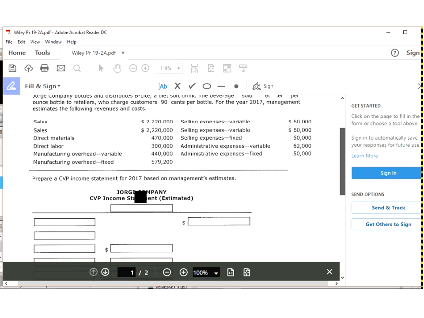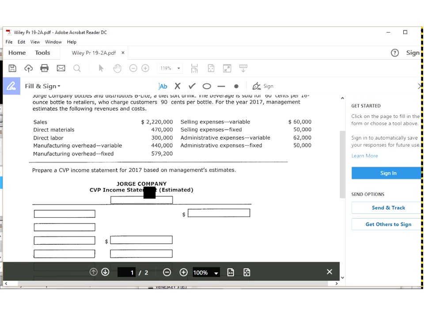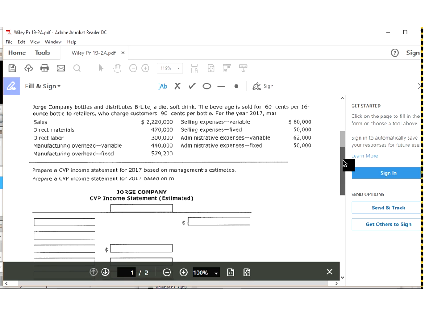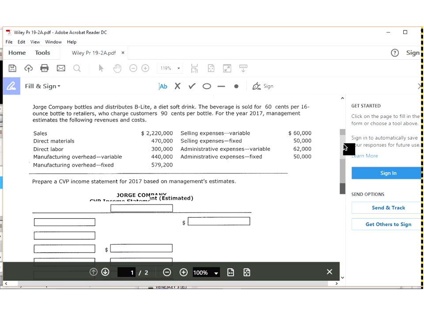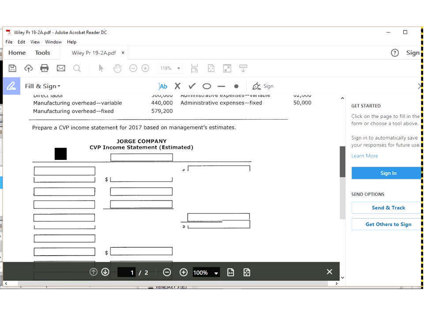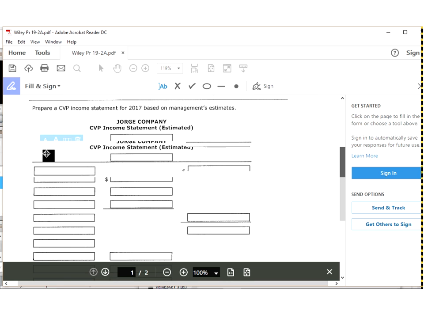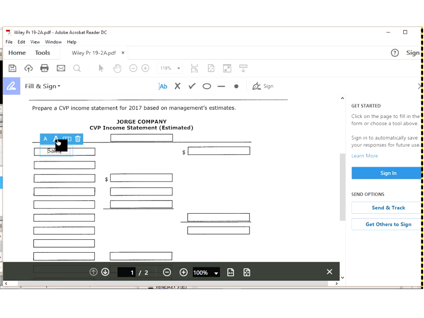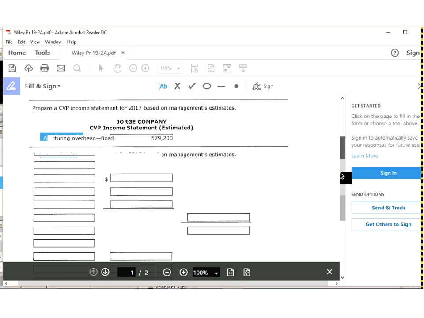All right, so as we're going through, when you're dealing with an income statement, it's for the year only. So we want to stay away from just a date. We want to say something to the effect of for the year ended, and you want to put that it was a full year range, not just the month, because that's one of the things that it's talking about here. And then with any income statement, our first line is always our sales. And they give us our sales.